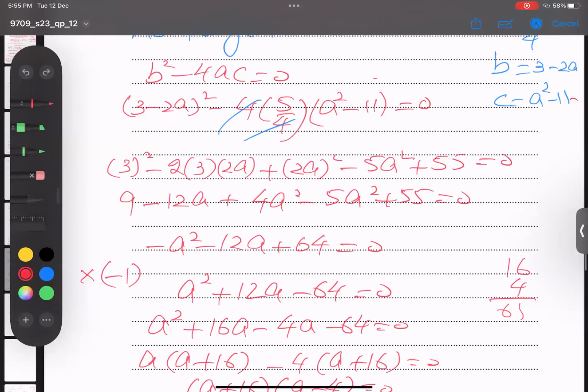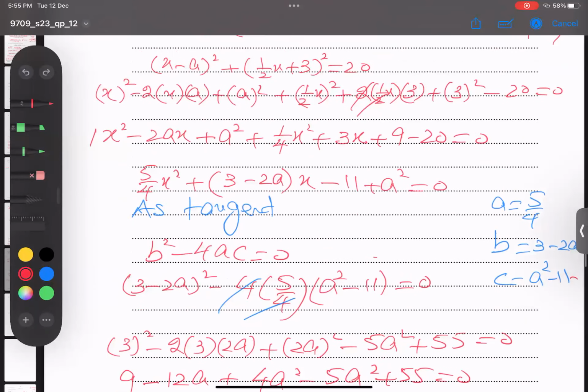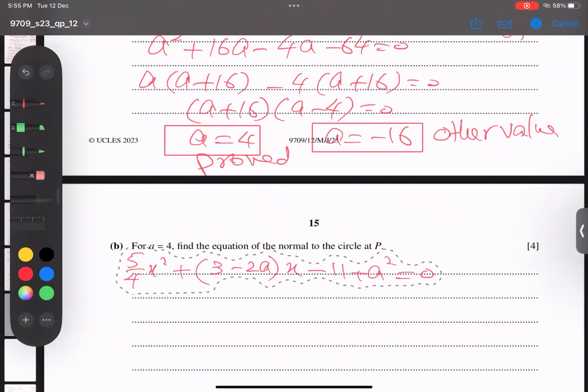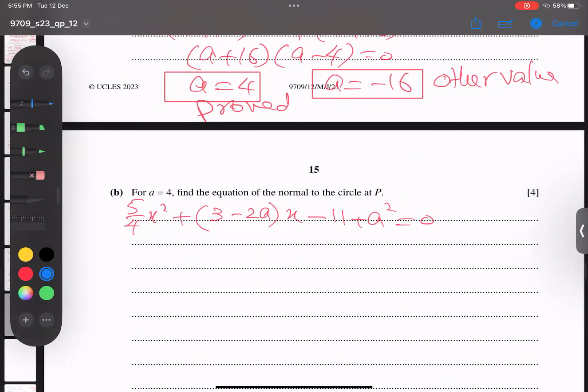So what is the best technique? This equation I am going to use from here. And I will tell you why. This equation I'm using here, and I will put a equals 4. Why this one? Because he said 4.